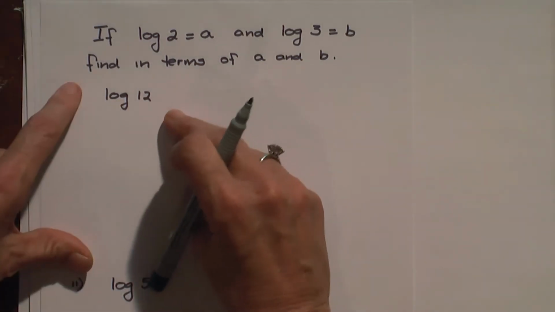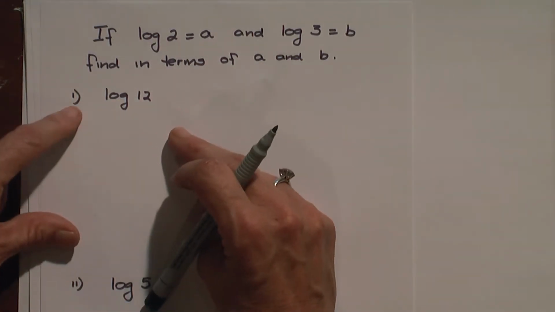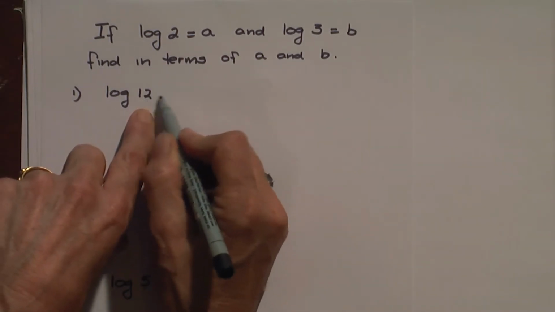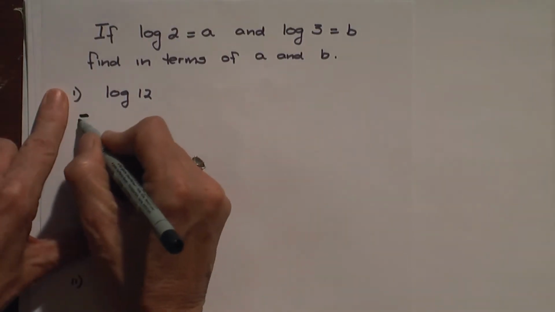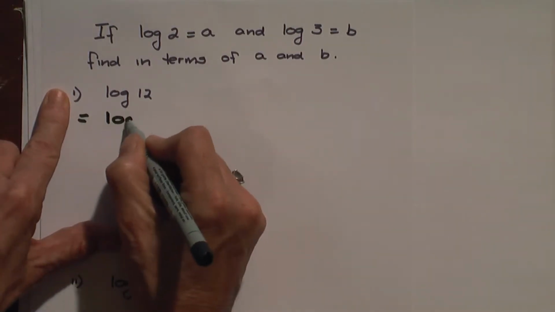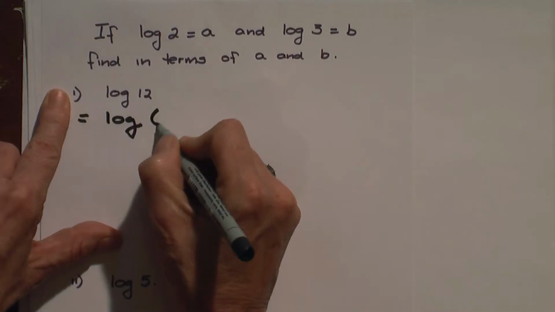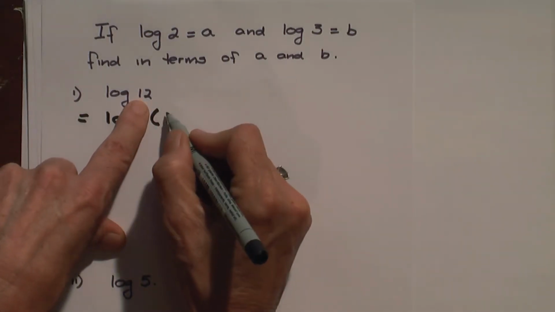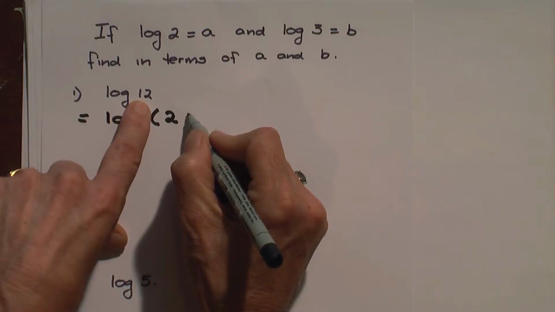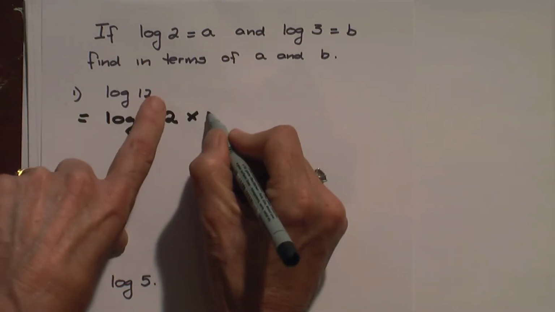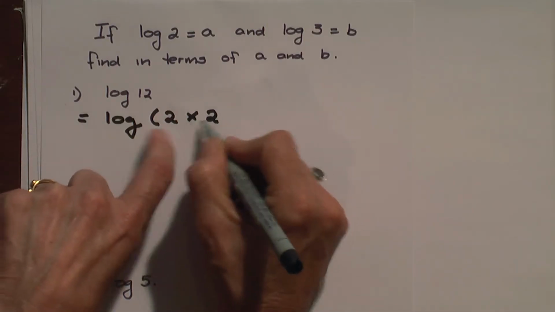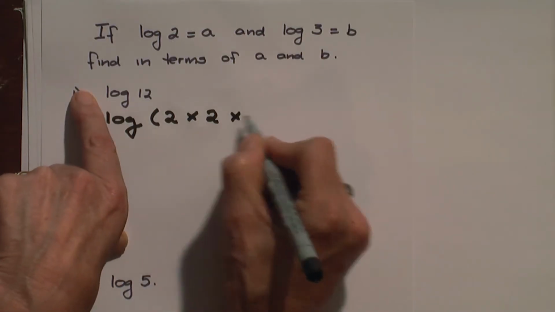Now, the rule tells me that when I'm multiplying the numbers, I add the logs. So this has got to be written as multiplication. So I'm going to write this in its prime factors, log, break it up. I've got 2 times 6, which is 2 times another 2. 2 times 2 is 4, times 3.